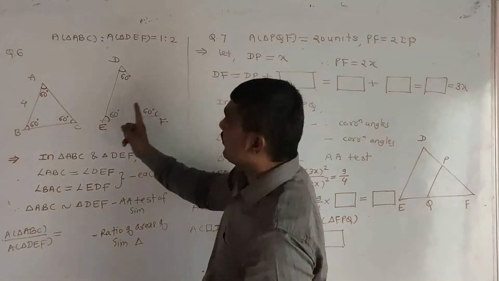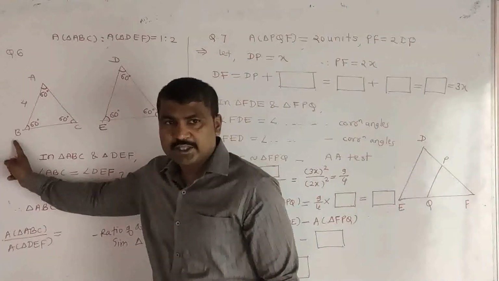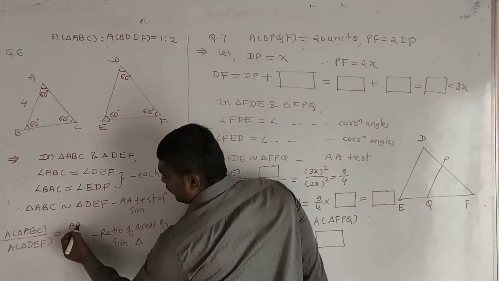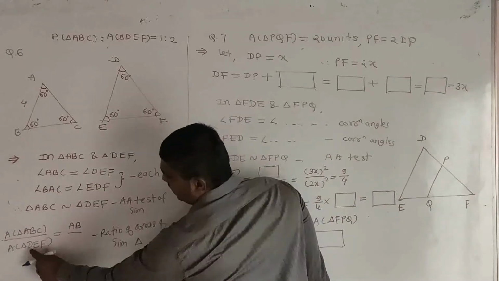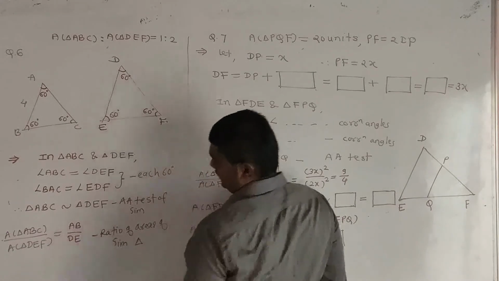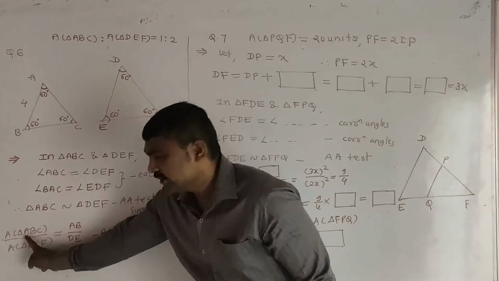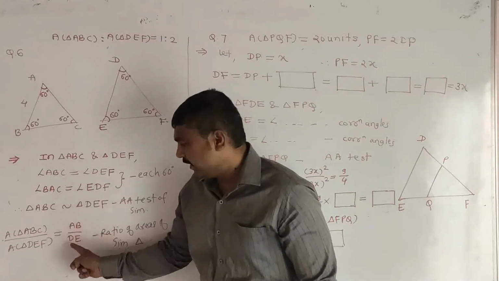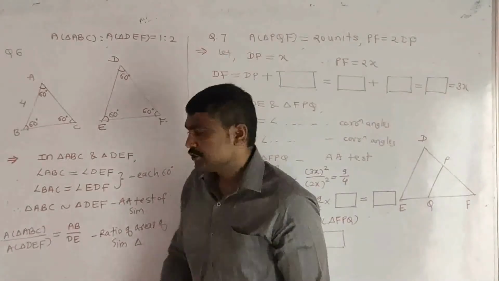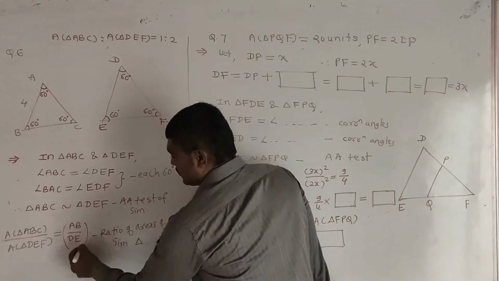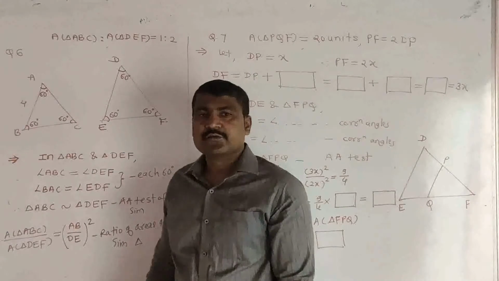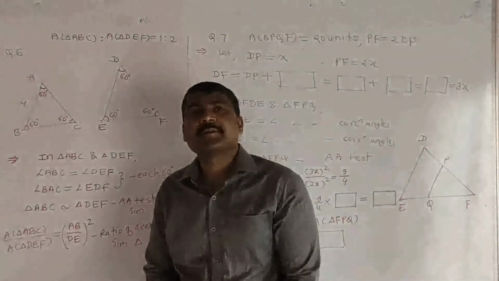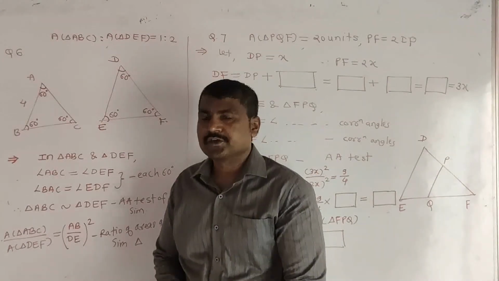The value of AB is given in the problem, so we write AB in the numerator and DE in the denominator, because the corresponding side of AB is DE. Understood? Then the square, according to the formula. This theorem, the ratio of areas of similar triangles, is applied here.